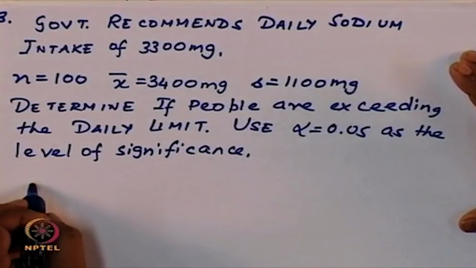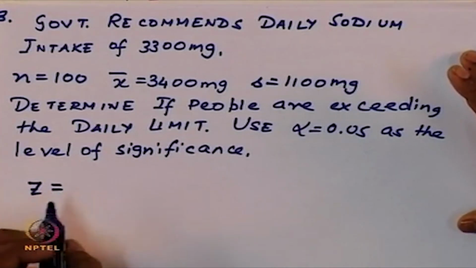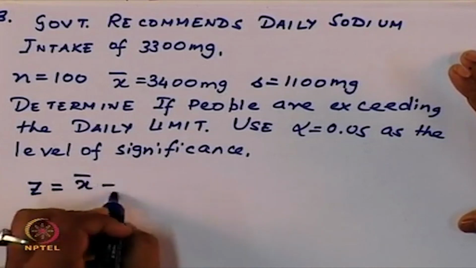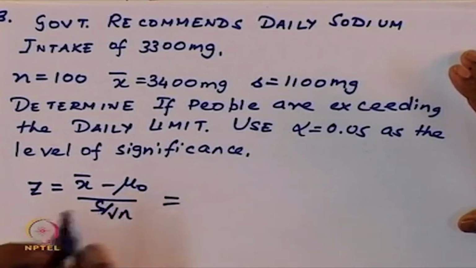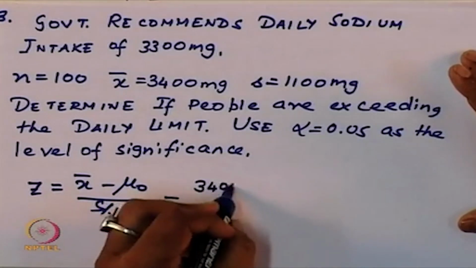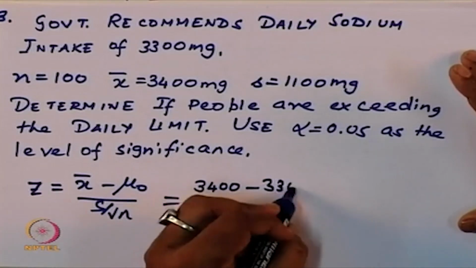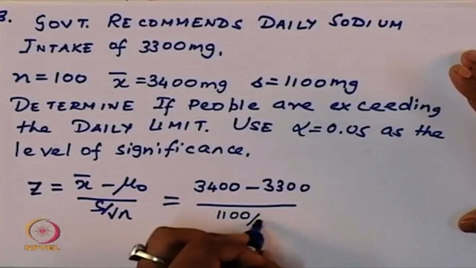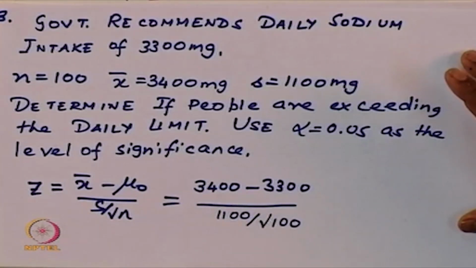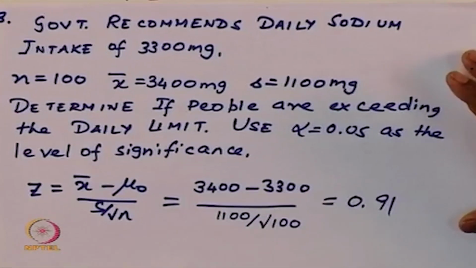As before, we have to calculate the test statistic, which is given by x bar minus mu naught divided by s by root n. X bar is 3400 milligrams, mu naught is 3300 milligrams, s is 1100, and n is 100, so you get a value of 0.91.